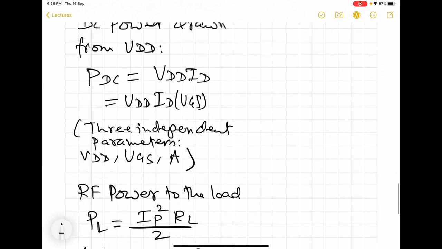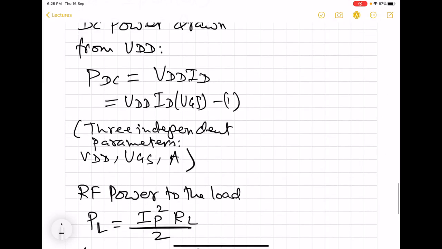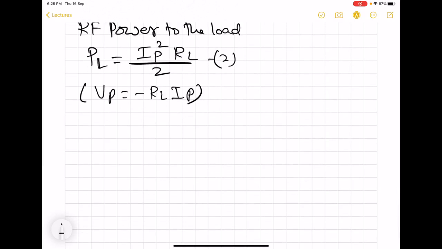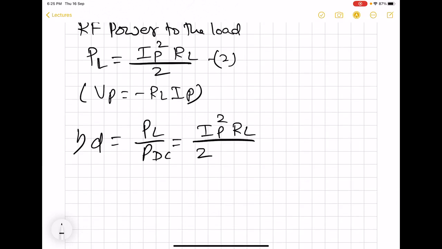So now we have these two quantities, equation 1 and equation 2. So we can find out the efficiency eta D, and this is going to be equal to PL divided by PDC. This is going to be IP square RL divided by 2 into VDD into ID.